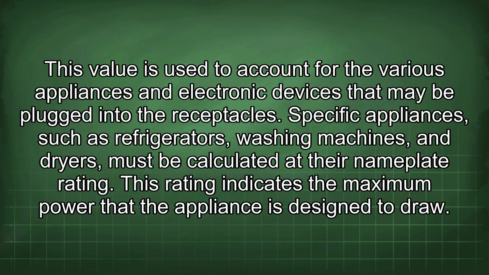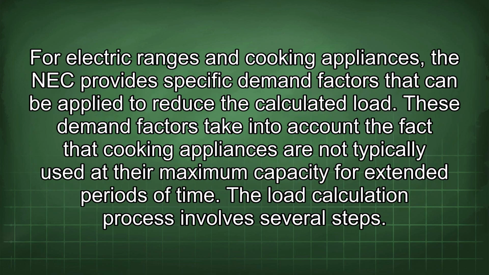Specific appliances, such as refrigerators, washing machines, and dryers, must be calculated at their nameplate rating. This rating indicates the maximum power that the appliance is designed to draw. For electric ranges and cooking appliances, the NEC provides specific demand factors that can be applied to reduce the calculated load.